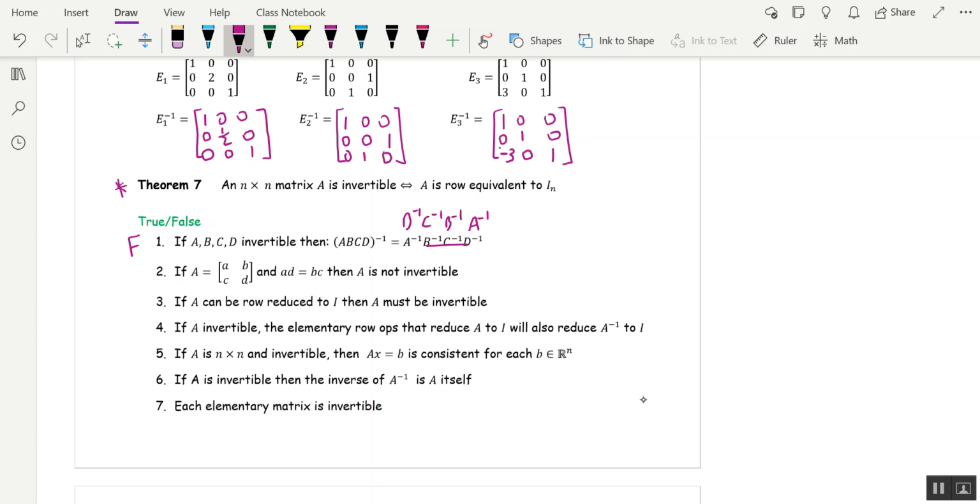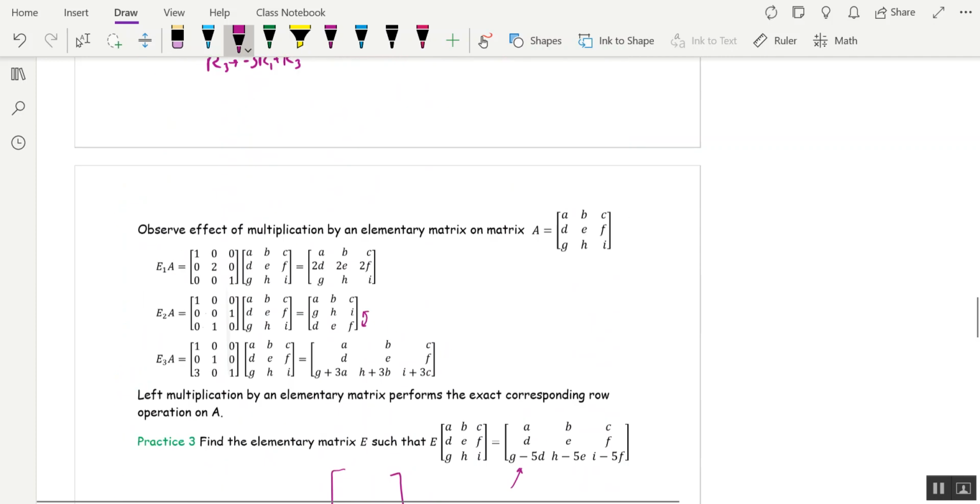Okay, if A is the matrix A, B, C, D, and AD equals BC, A is not invertible. That's true because the determinant would be 0. Another way of saying AD equals BC is AD minus BC is 0. And that was a condition in that box in the beginning.